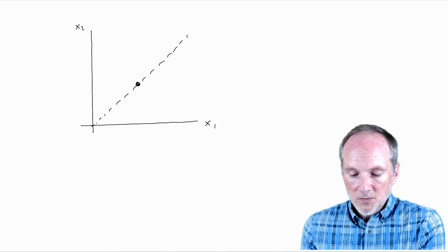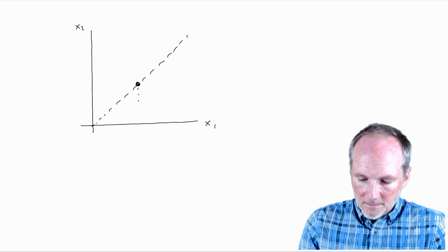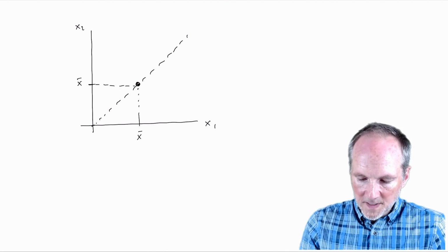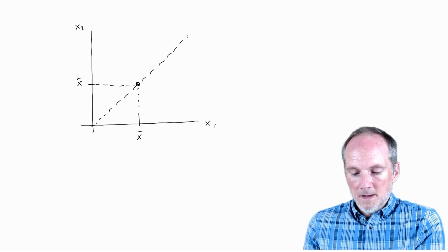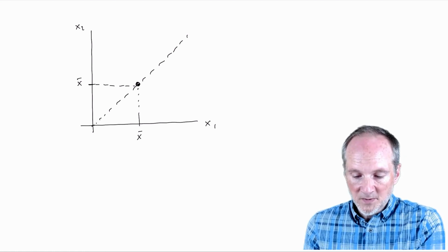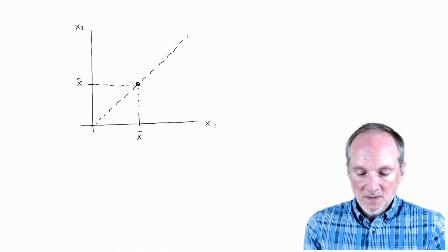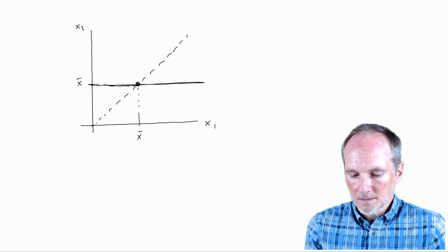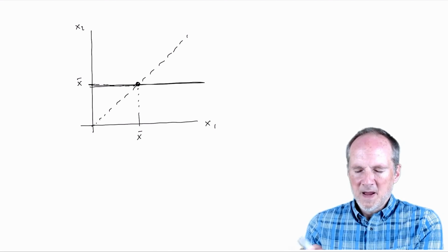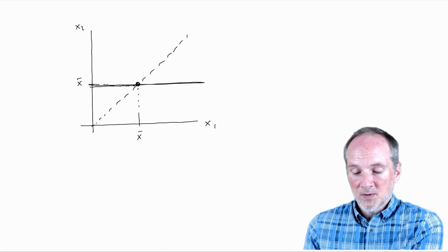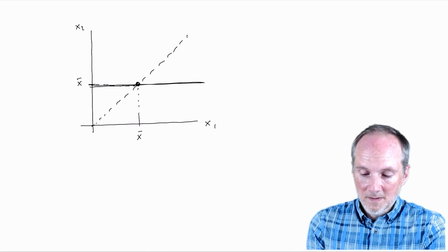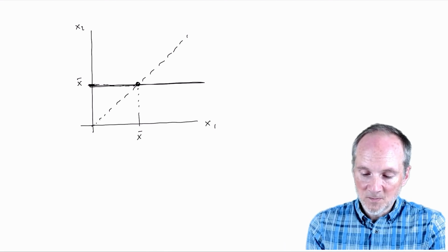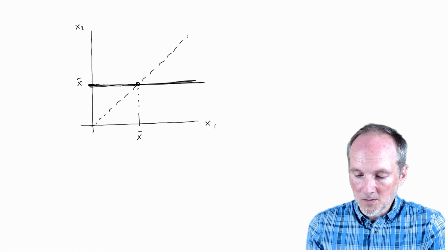Person 2 is choosing x bar, person 1's choosing x bar, but remember, person 1's choice must be optimal. Given that person 2 is choosing x bar, what are the pairs of activity levels that person 1 can choose? Well, person 2 is doing x bar. There's nothing person 1 can do about that, but person 1 can choose anything on this horizontal line here.